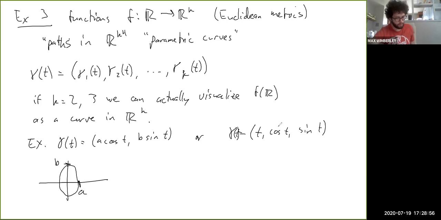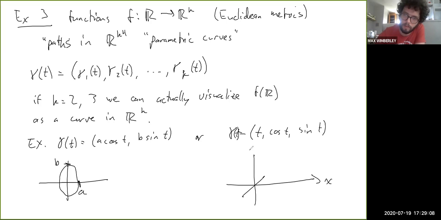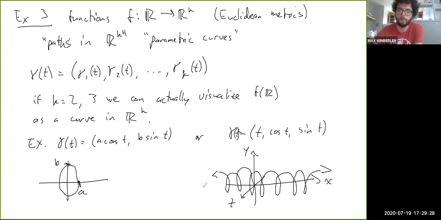Then you would end up with, let's see, I guess they do it a little bit differently, but in this picture, if this was the x-axis, and this was the y-axis, and this was the z-axis, you'd end up with a helix which spirals around the x-axis in this case, right?